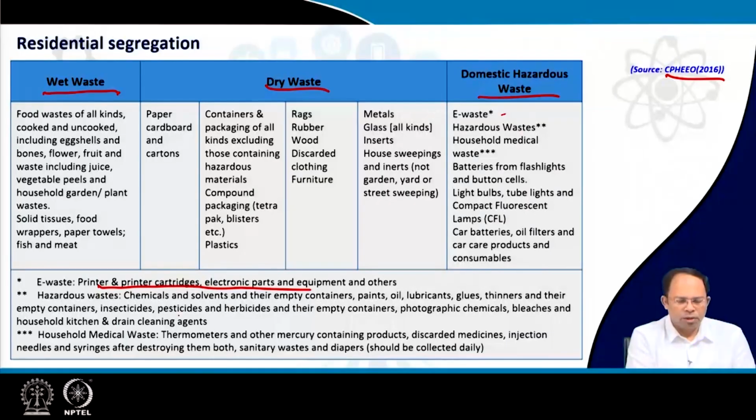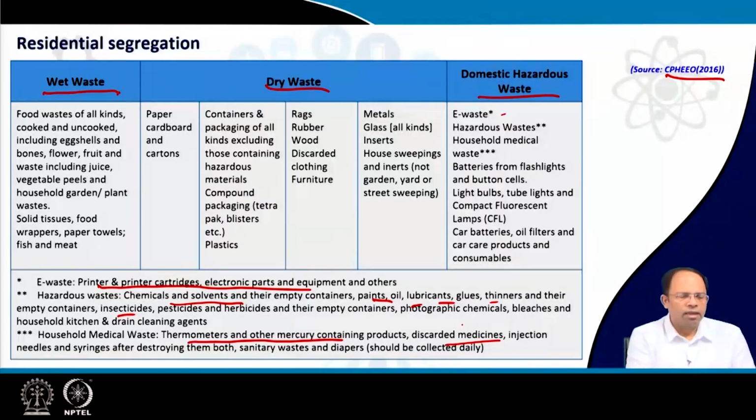Hazardous waste includes chemicals and solvents, paints, oil, lubricants, glues, thinners, herbicides, insecticides and all this, right? Batteries from flashlights and button cells, light bulbs, tube lights, CFL bulbs, lamps, car batteries, all these things are part of the domestic hazardous waste. So, this all has to be dealt with, and household medical waste includes thermometers and other mercury containing products and discarded medicines and so on.